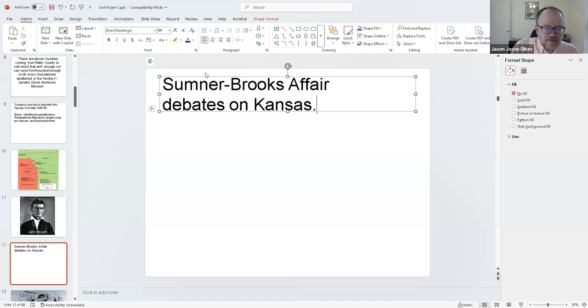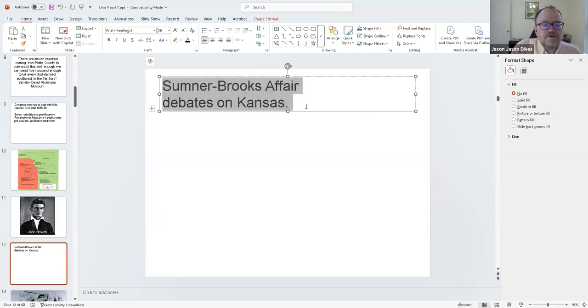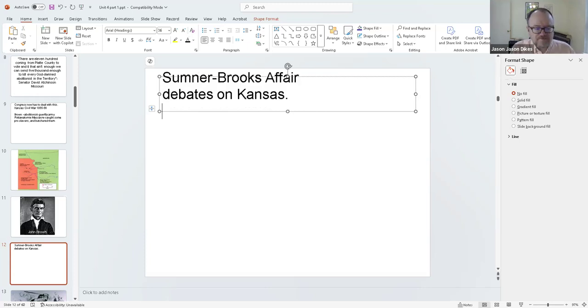There was intense debate in Congress about Kansas. Both sides, both the slavery states and the free states, were blaming each other for what was going on in Kansas.